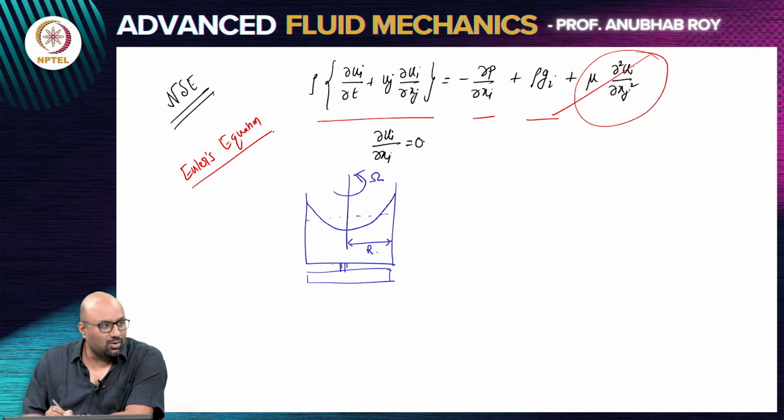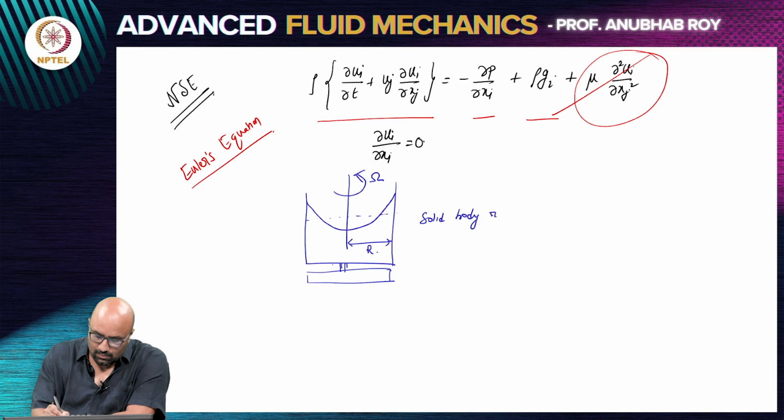We are not going to discuss how this is set into motion. We are going to be a little ignorant here and say that we have waited long enough that it has achieved steady state. The velocity that it attains is a solid body rotation, which means the angular velocity at any point in r and z.